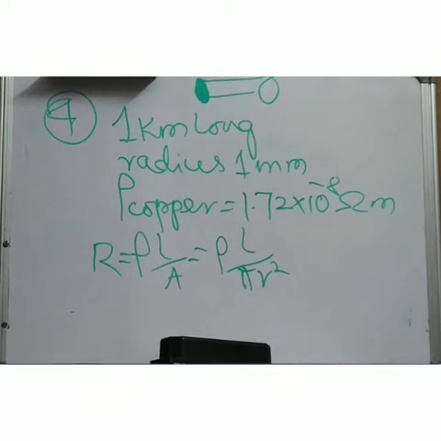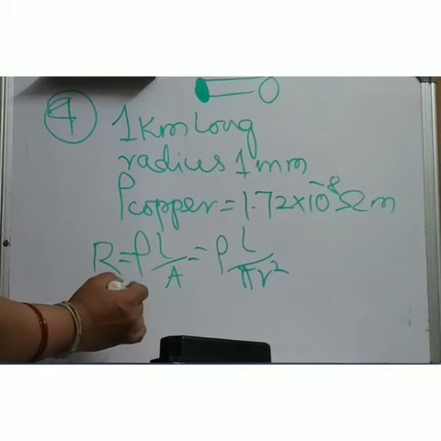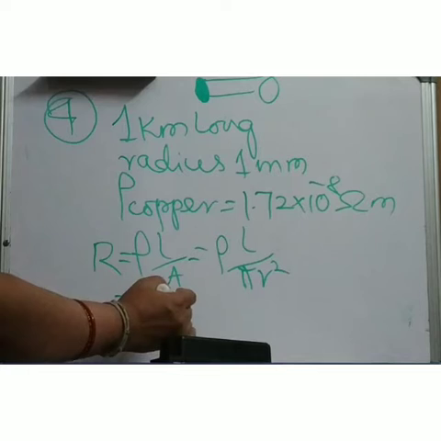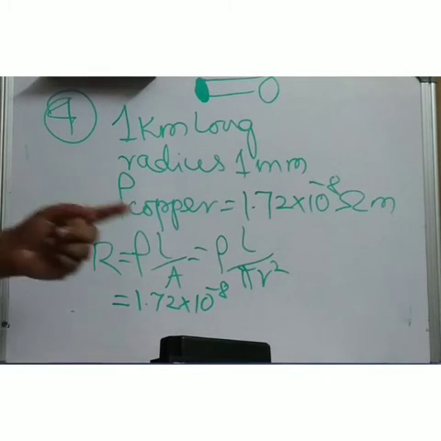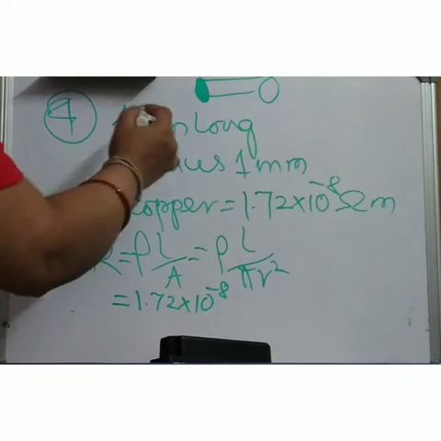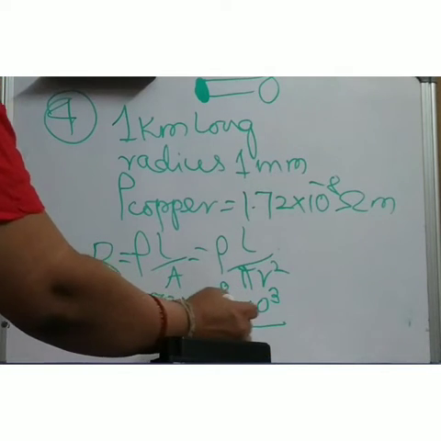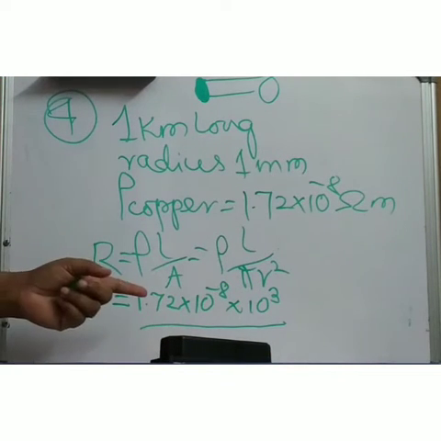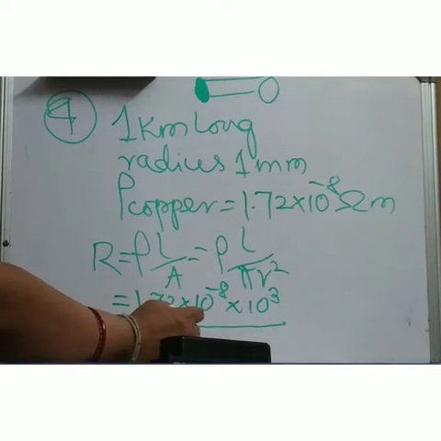So how will you do it? Rho is given as 1.72 into 10 to the power minus 8. L is 1 kilometer, so you have to convert it into meters, that means 10 to the power 3, divided by pi. The value of pi is 3.14.